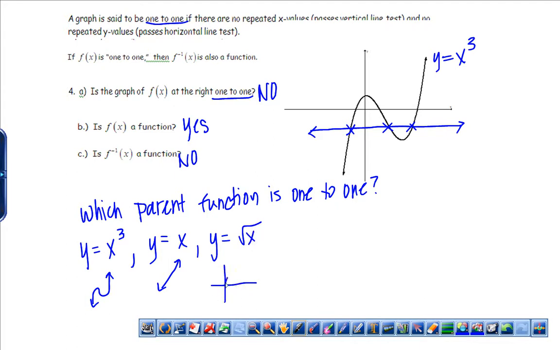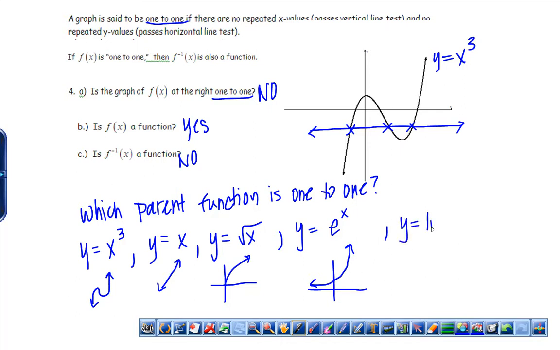Here's the square root of x, looks like this. That is 1 to 1. Exponential. Exponential looks like this. And if you don't remember the graph, this would be exponential. Since exponential is, its inverse also is.